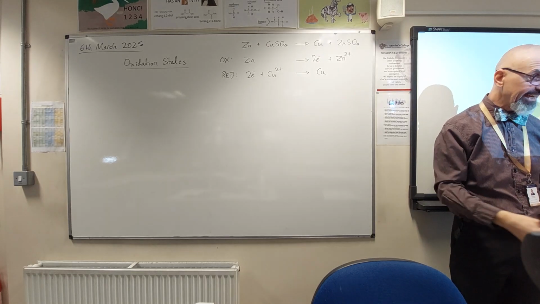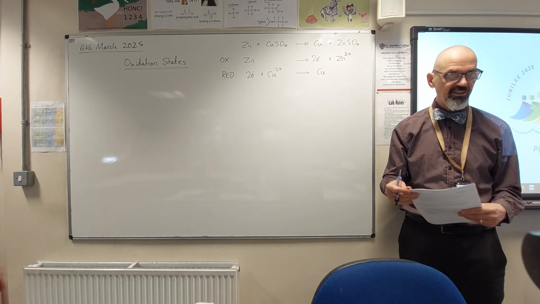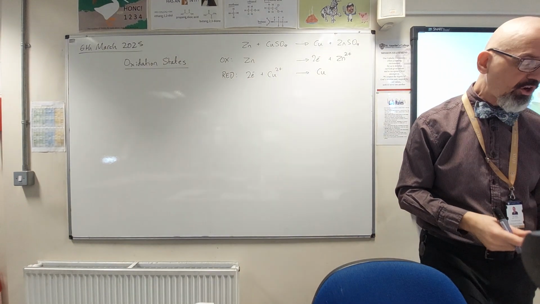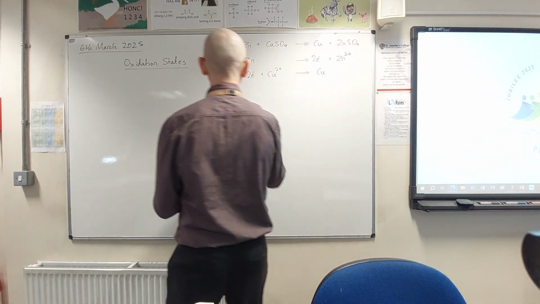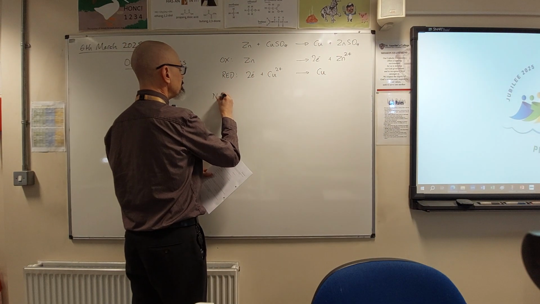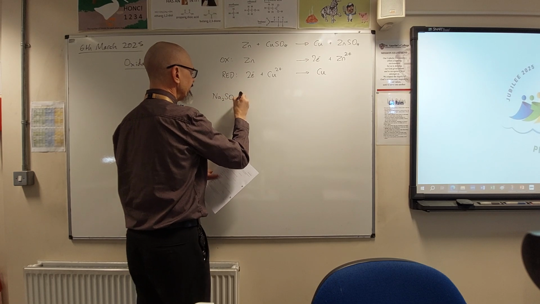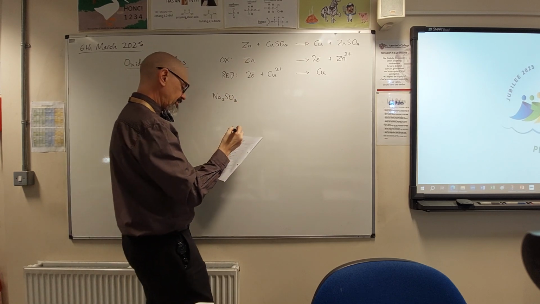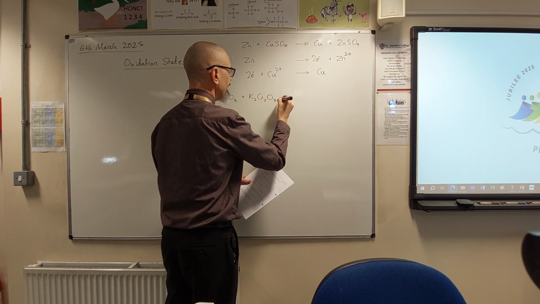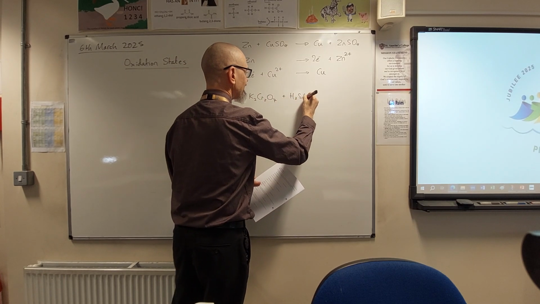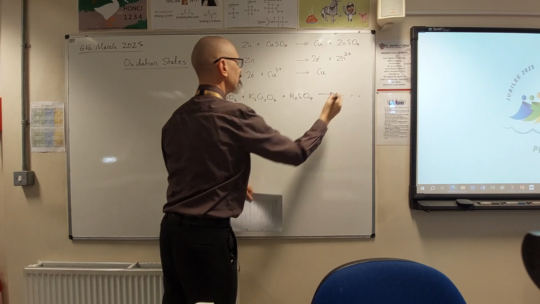Now that's okay as far as it goes, but when we see more complicated equations, so we had sodium sulfite and potassium dichromate in the presence of sulfuric acid, making blah blah blah.